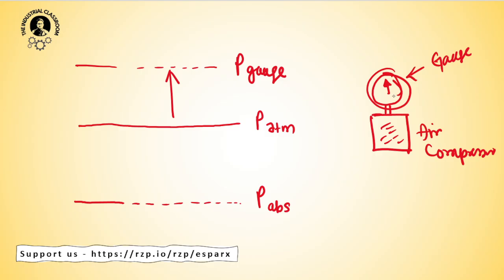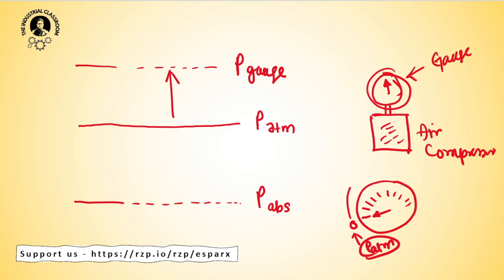Therefore for the gauge pressure, what will be the zero point? If my pressure gauge has some calibration like this, the cursor is here and this is 0, consider this to be the atmospheric pressure. For gauge pressure, it is always calculated from the reference of atmospheric pressure.